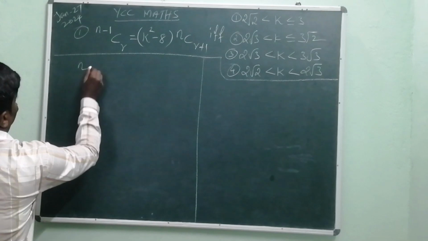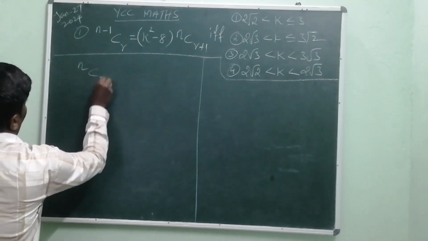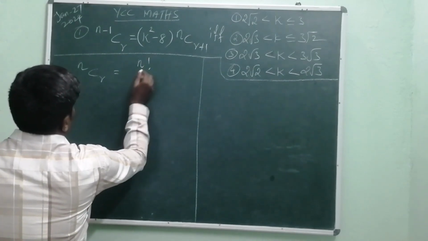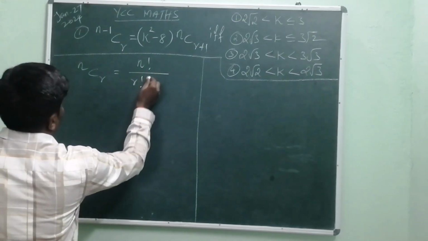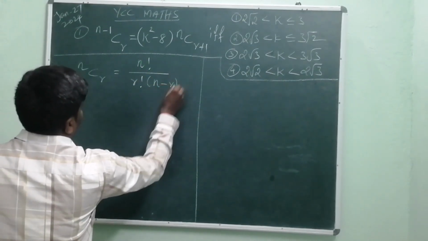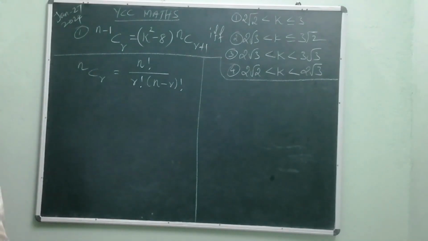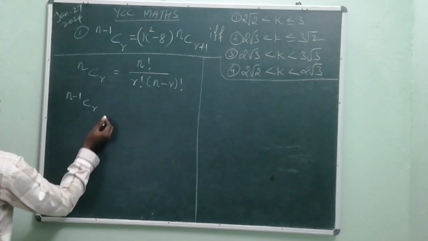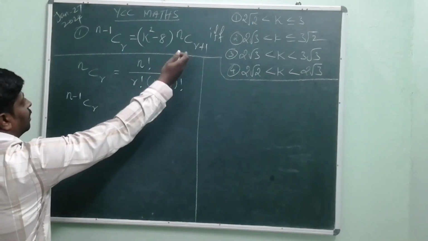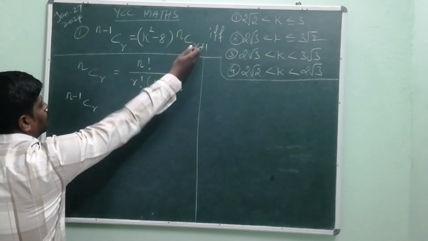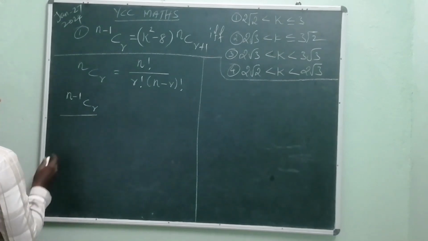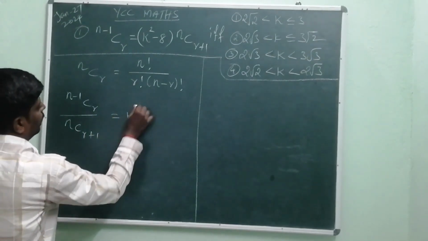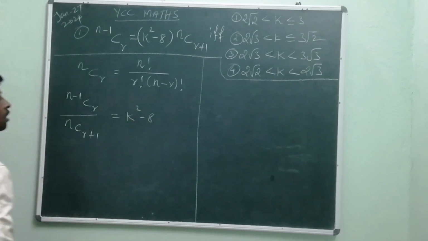So we have to use the formula for NCR. We know the formula is n factorial divided by r factorial into n minus r factorial. Now we bring the NCR plus 1 term from the right side to the left hand side: n minus 1 CR divided by NCR plus 1 is equal to k square minus 8.